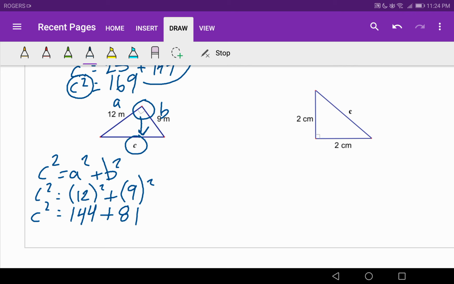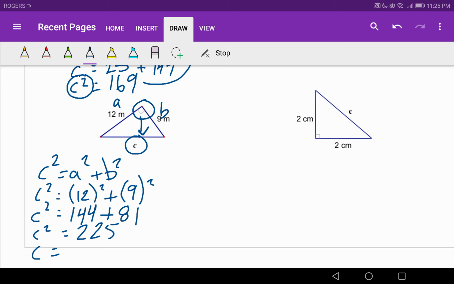Now, of course, write out your C squared equals, and in your calculator, do 144 plus 81, and you will get 225. Okay, and take the square root of 225, and you will get 15.